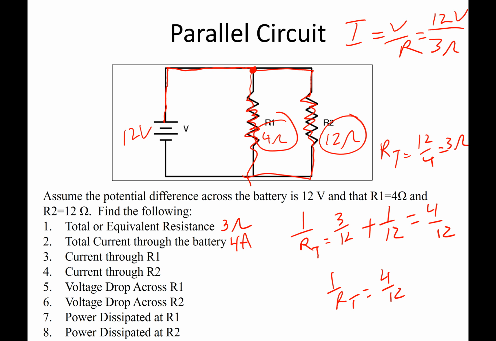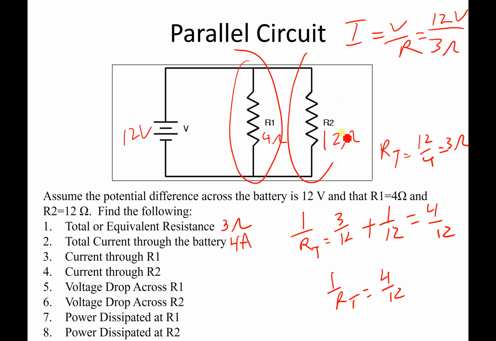To calculate how much goes down each branch, we're going to have to think about the voltage at each one of these resistors. Remember, we said in our video a second ago that in a parallel circuit, the voltage drop across each branch, so here's a branch and here's a branch, is equal to the voltage drop across the battery.